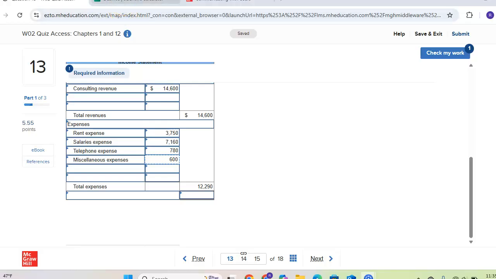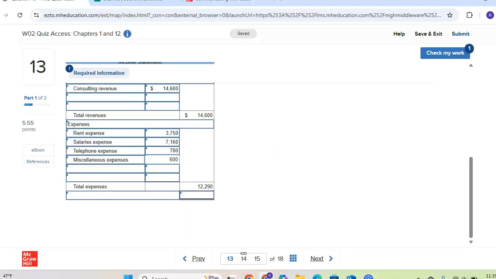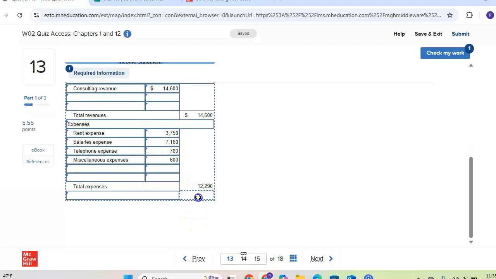That'll be 14,600 minus 12,290, which would get you 2,310. So you put that in down here. And as we know, at the very bottom is net income. That would be our net income, which is total revenues minus total expenses, which would be 2,310.